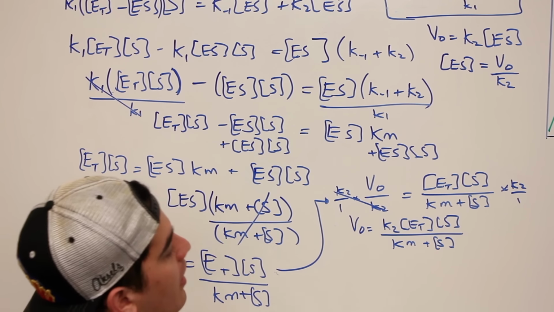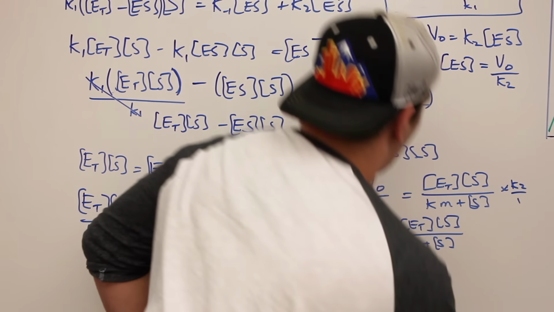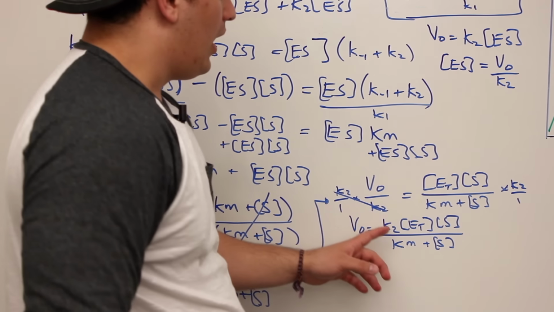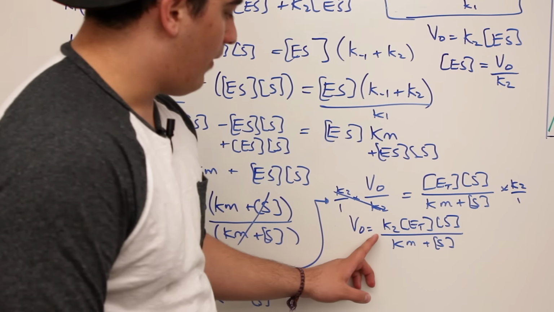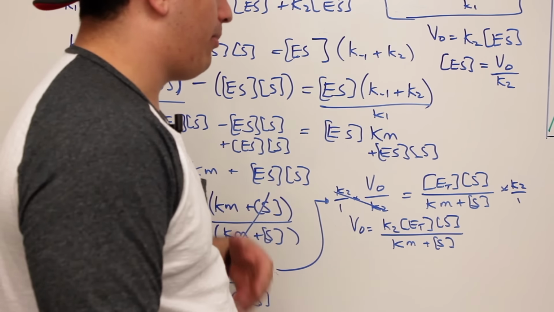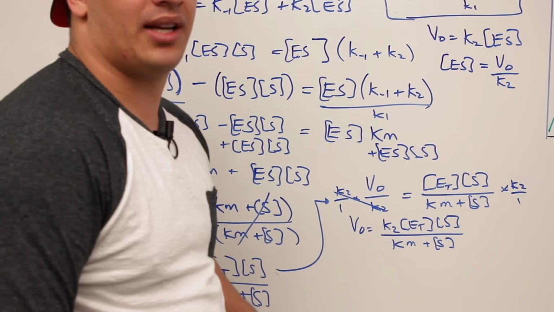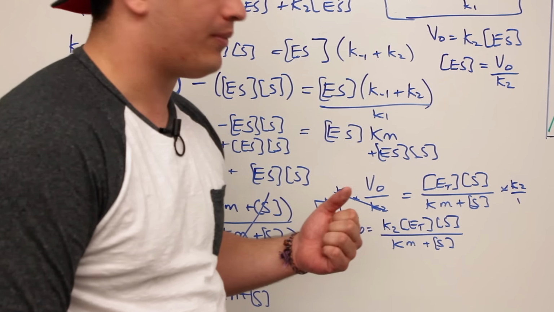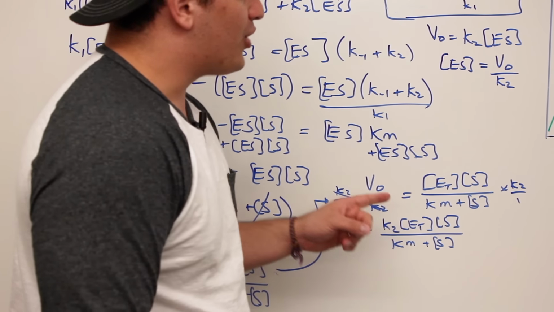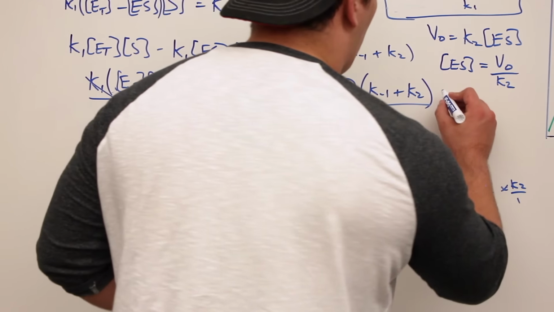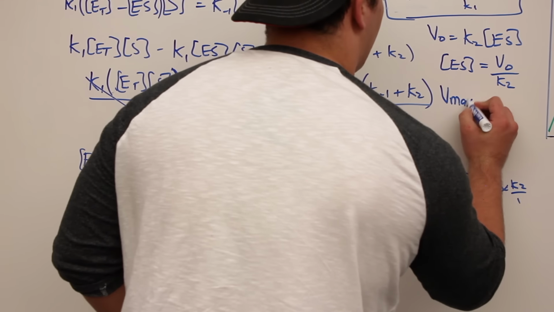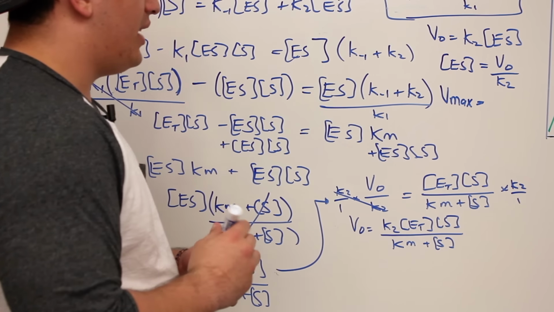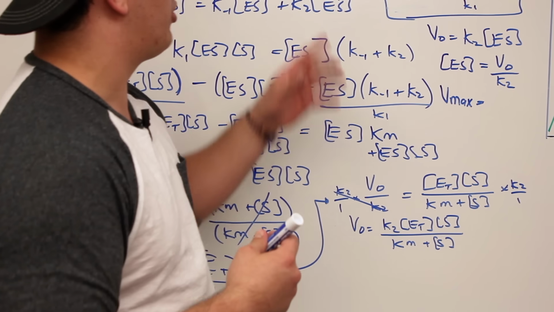Here's where we make another assumption, and our last assumption. At this point in the reaction, where your enzyme is reacting with your substrate, making the enzyme substrate complex and getting converted into enzyme and product, we're assuming that there is a point called Vmax. And Vmax is the point at which all of your enzymes, so remember, what was our enzyme?